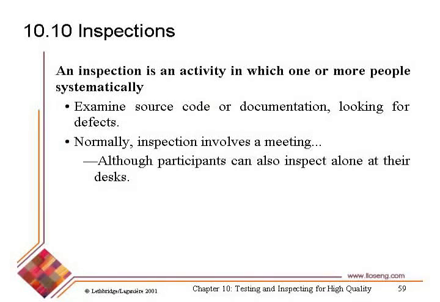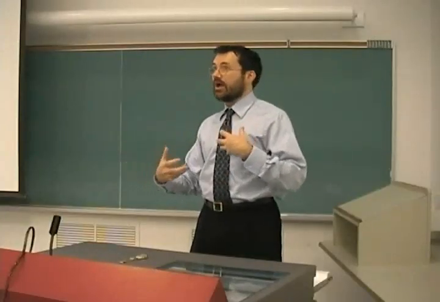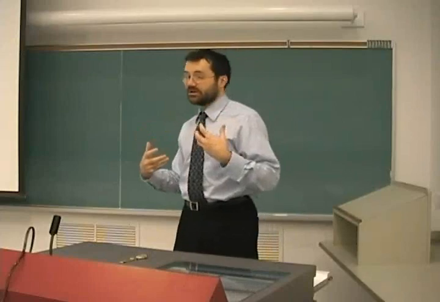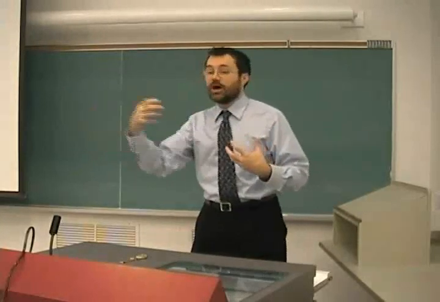Basically, you have a bunch of people sit down and study the source code, before that the design documents, before that the requirements, the specifications, whatever kind of material you produce as part of the software. You have human beings read it, typically more than one, often in a meeting format. And they do more than just read it. There's a style of inspections that involves a systematic process that teases out bugs, which we'll talk about.